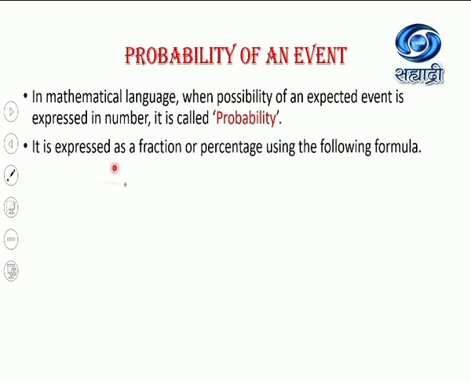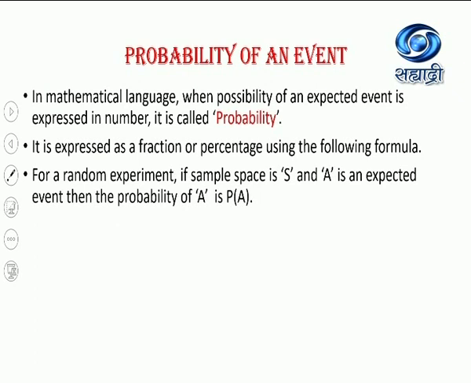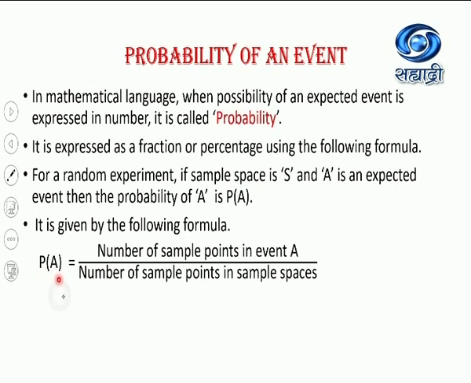It is expressed as a fraction or percentage using the following formula. Children, this formula is very important, so keep it in mind. For a random experiment, if the sample space is denoted by the letter S and A is an expected event, then the probability of A is denoted by P of A. Now let us write the formula. P of A is equal to the number of sample points in event A upon the number of sample points in the sample space.